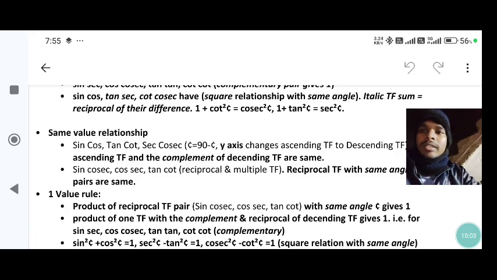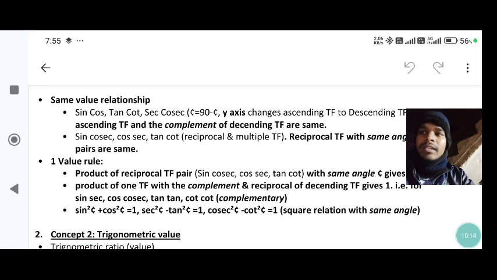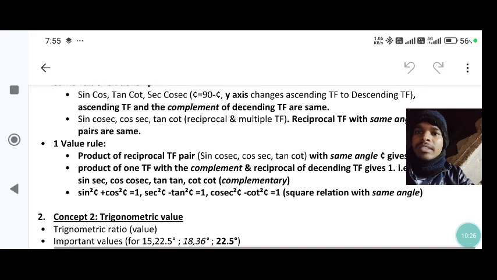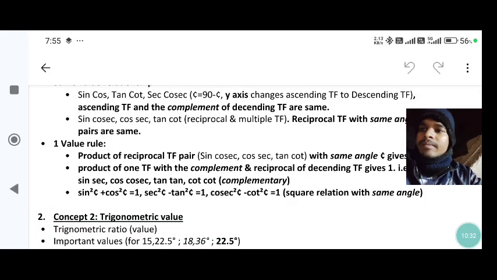And 1 plus cot square theta will be equal to cosec square theta, and 1 plus tan square theta will be sec square theta. Now the trigonometric functions' same value relationship. When trigonometric functions give same value relationship, sin and cos, tan and cot, and sec and cosec, these give same value relationship like for its complement, like for theta and the opposite trigonometric function.